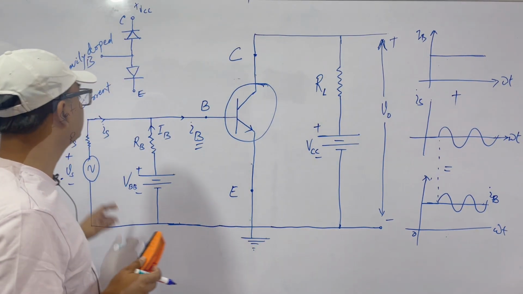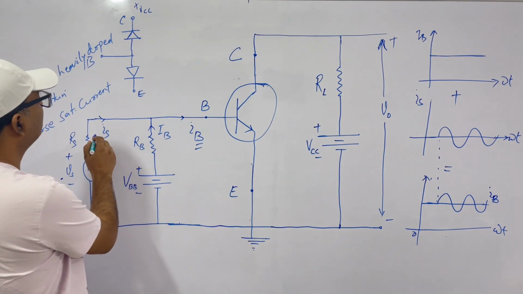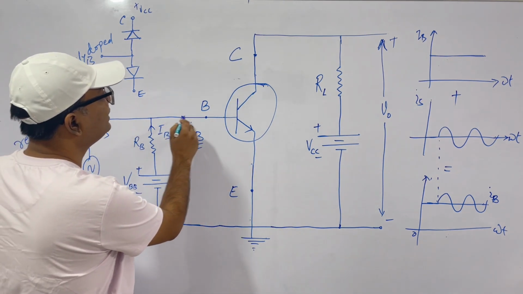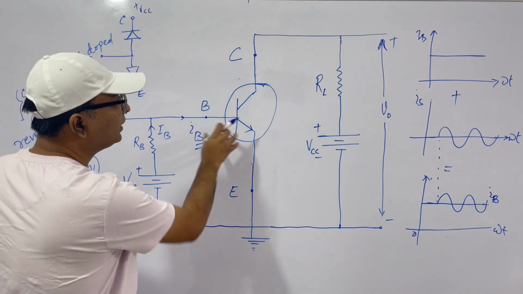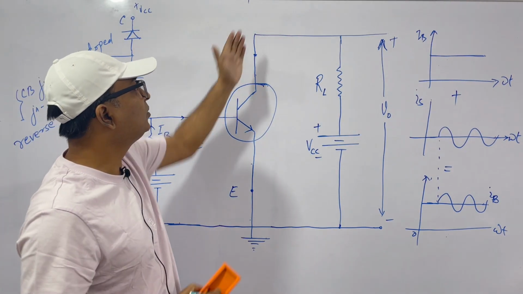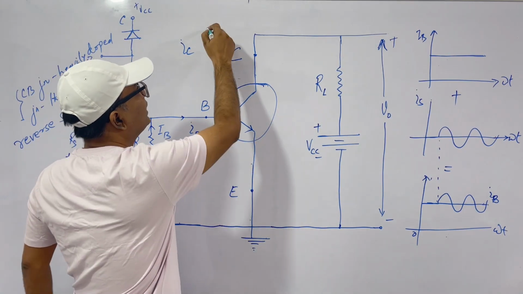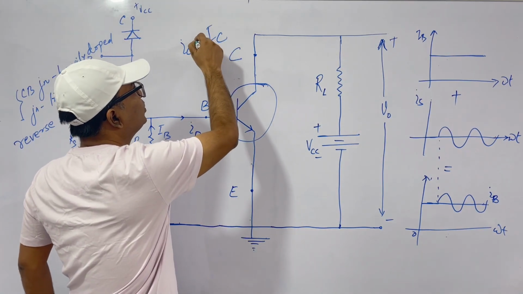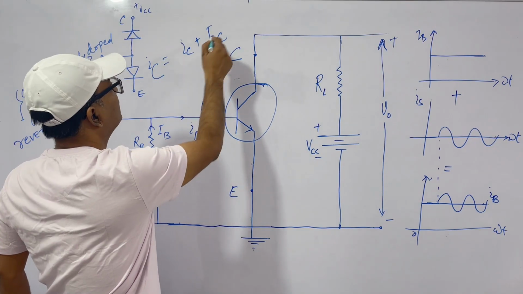So what happens? We have forward biased this, and we have an AC component in this particular direction. Because of this, there is an AC component of collector current, that is Ic. Initially we had IC, so now our current becomes this big IC.